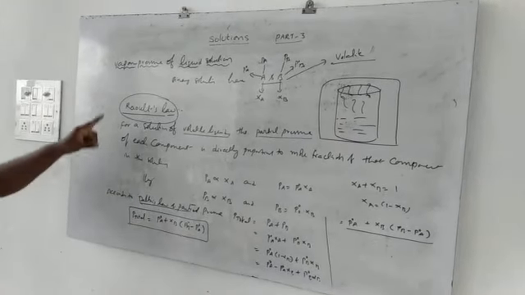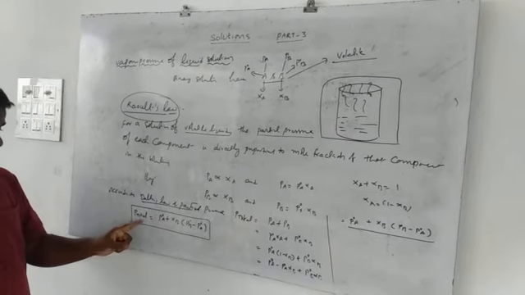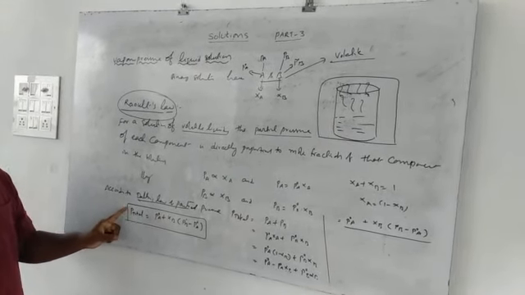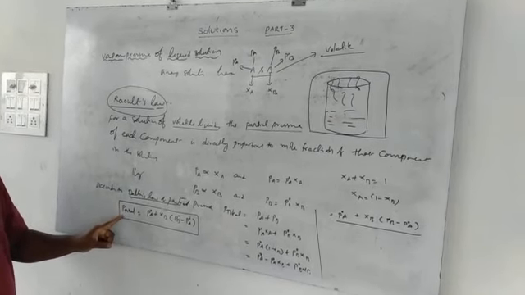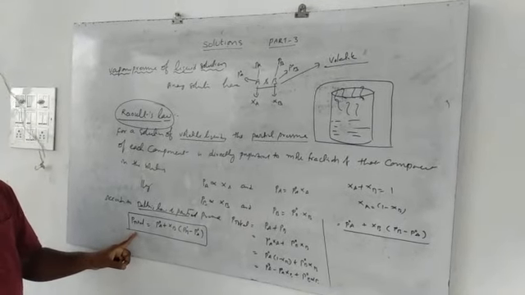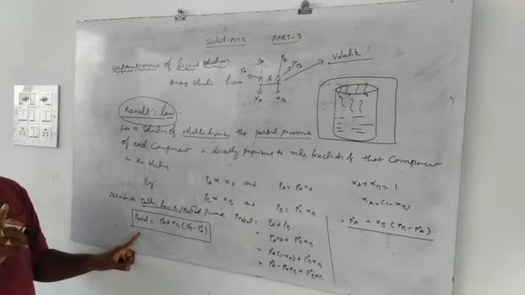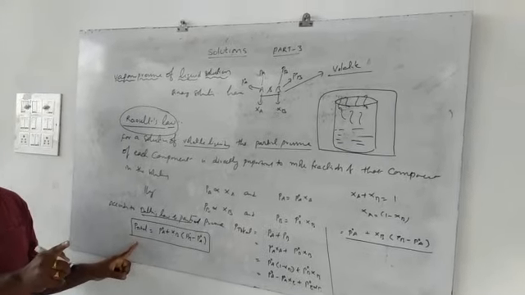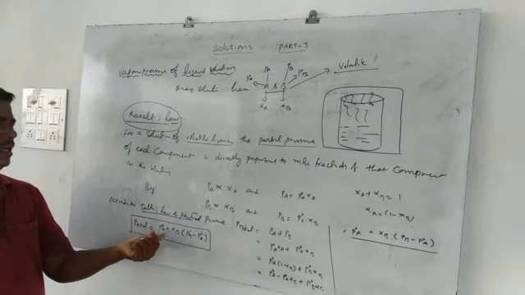That is Raoult's law. That means the total pressure of a given liquid solution is expressed in terms of the mole fraction of any one constituent. Here XB, or you can write it as XA.